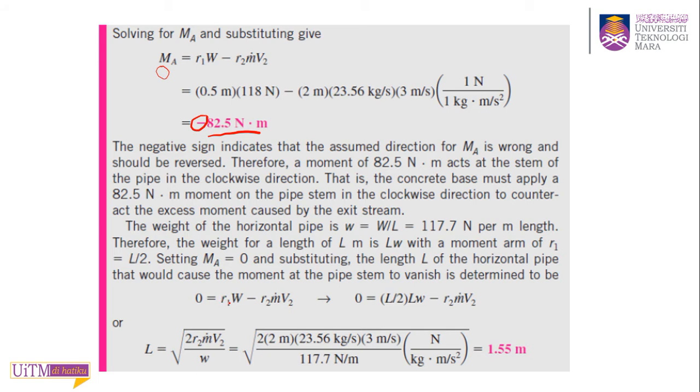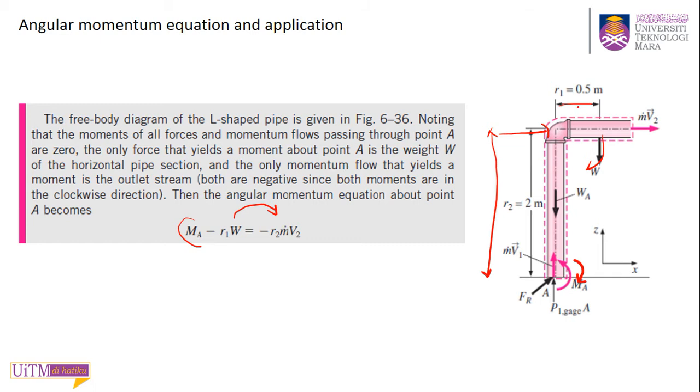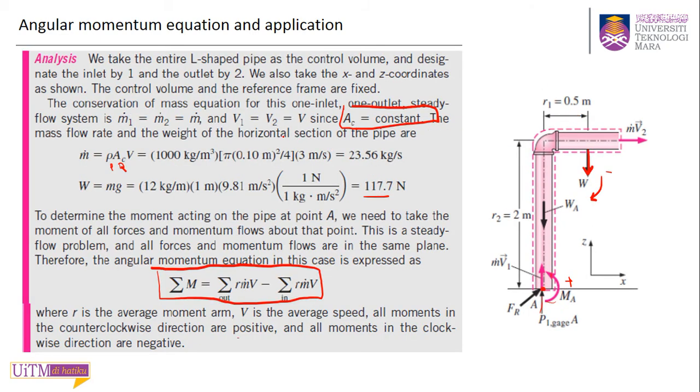To find the length, you need to change the R in terms of length, the R1. They gave you initially in the question the mass of this pipe and water is 12 kg per meter, 1 meter. So you have the radius where the W is acting in the middle.